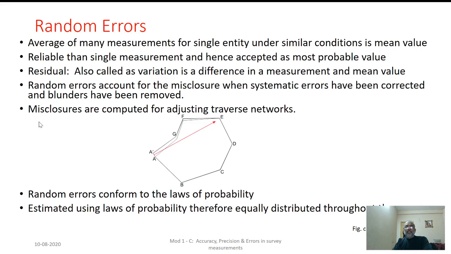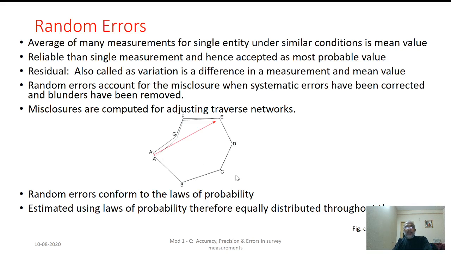A dash is due to misclosure and it has occurred because of the random errors which we could not observe, which we could not exactly identify, hence which we could not rectify during the process of this survey.